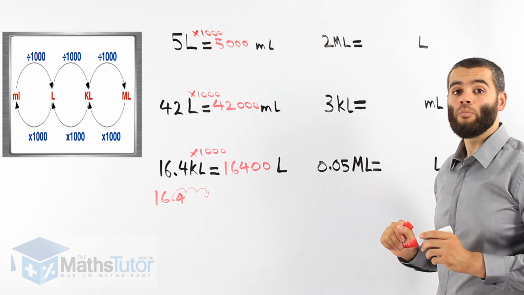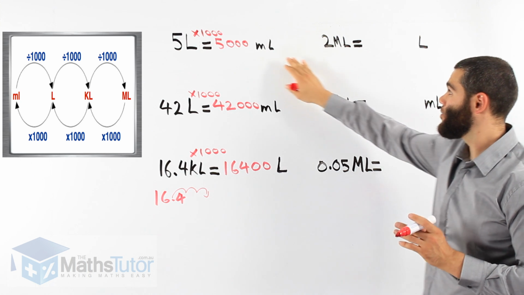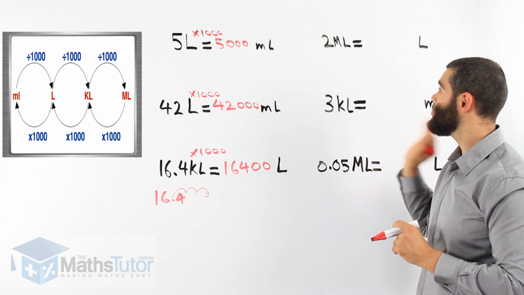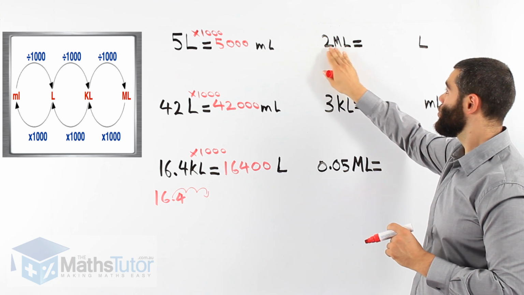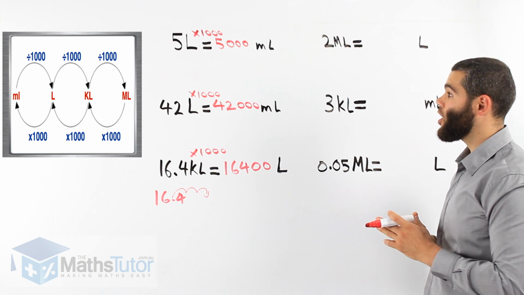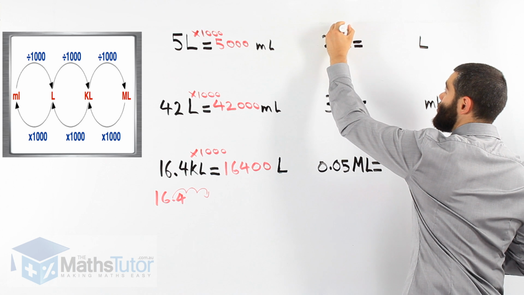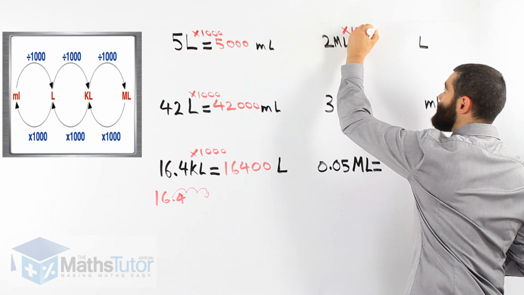We're converting to megalitres. Now you notice the mega has a capital M, while the milliliter has a little m. So very important to distinguish between that. 2 megalitres, how many litres is that? We're going from megalitres all the way to litres. So we have to go through kilolitres first.